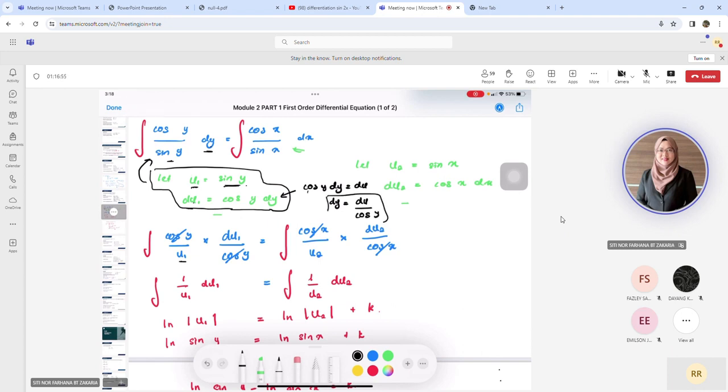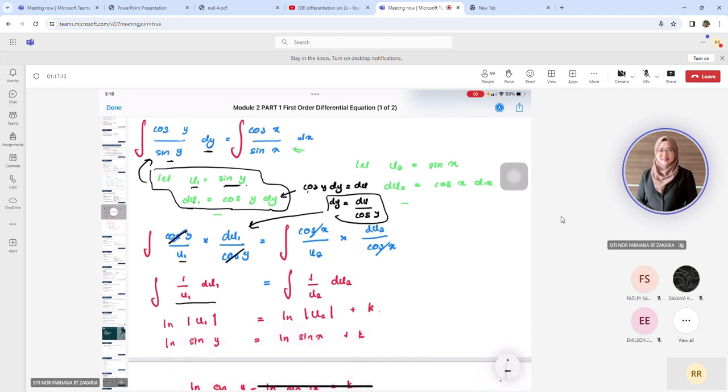Understand? So when we replace, you can cross each other. So it becomes a simple form. When it is in a simple form, it is easy for you to do integration.